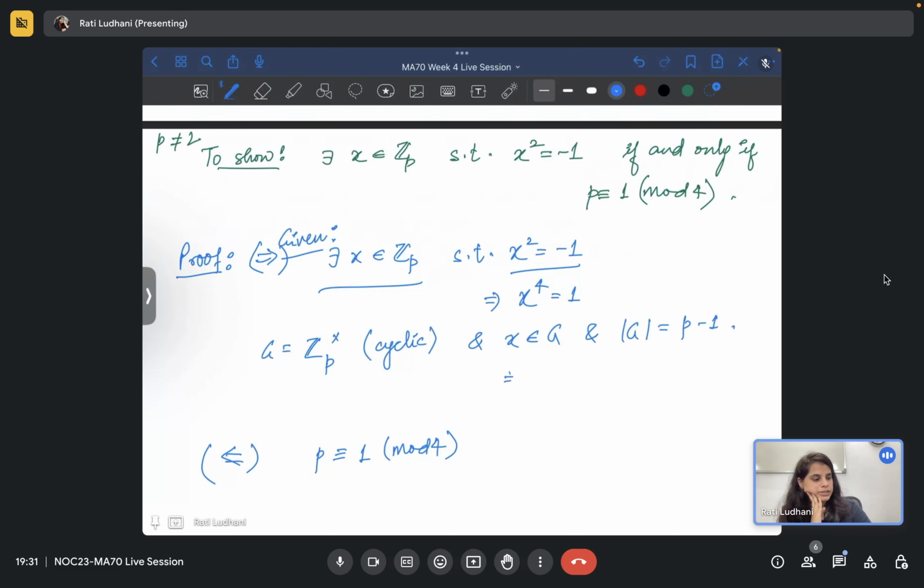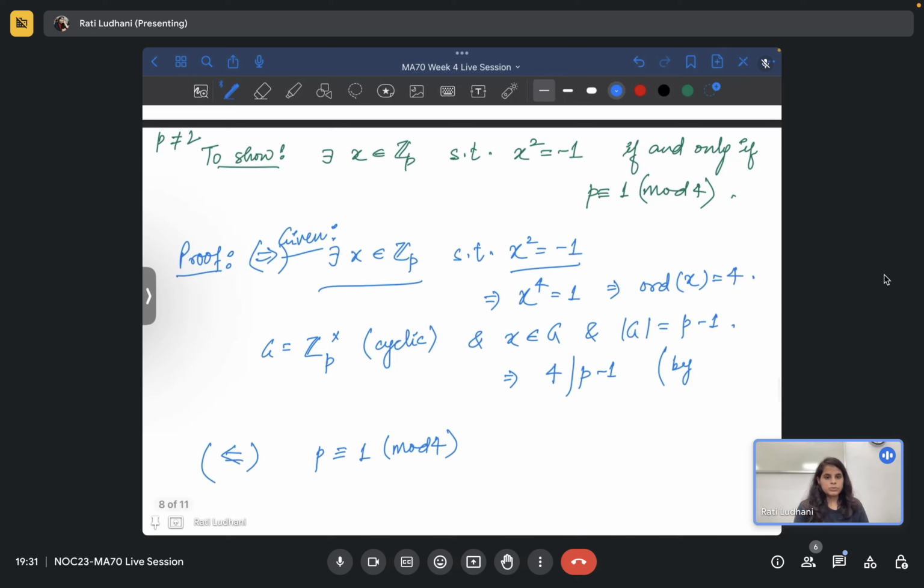So this implies the order of x is equal to 4, because x squared is equal to -1, so x raised to power 4 is equal to 1, and for powers 1, 2, or 3, the power will not be equal to 1, so the order has to be 4. So by Lagrange's theorem we have this condition.